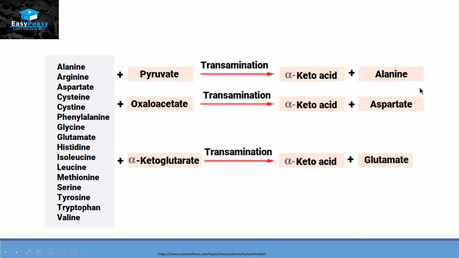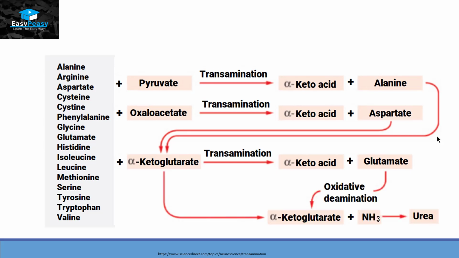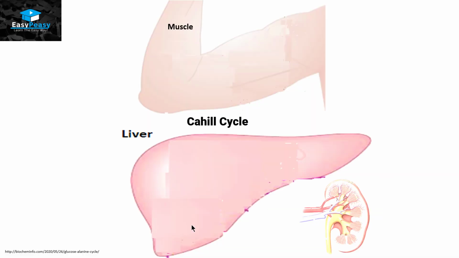Later on, alanine and aspartate give their amino group to alpha ketoglutarate and convert themselves into glutamate. This glutamate then releases its amino group in the form of ammonia, and this ammonia turns itself into urea. This process is deamination.